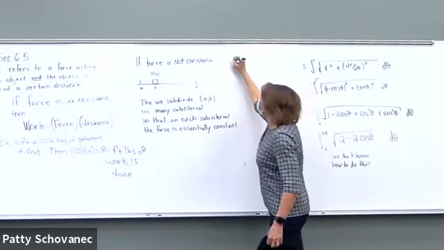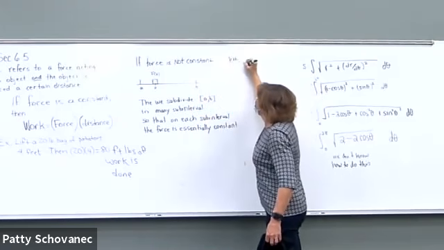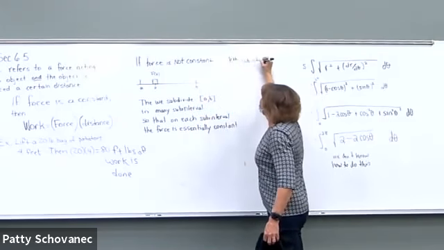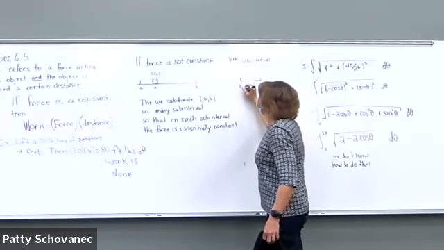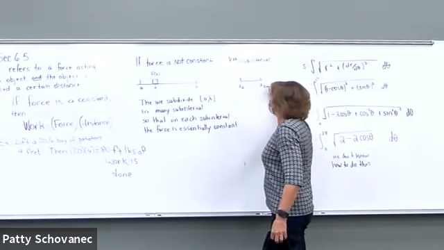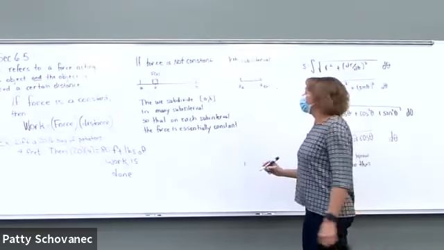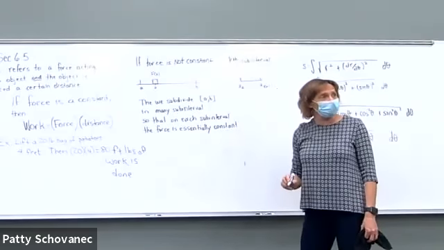So here's the kth subinterval. My object is somewhere between x_k and x_{k+1}. The force acting on that object is roughly constant.